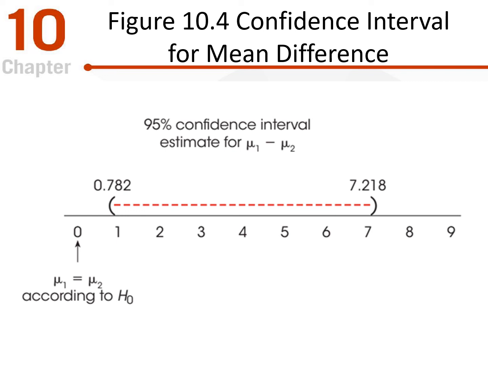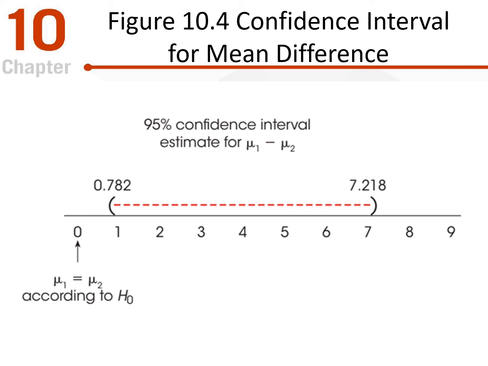As a researcher, that's a good thing because you see that 0 is not in this interval. There's no 0 there, so the treatment most likely has an effect. It's not 0.